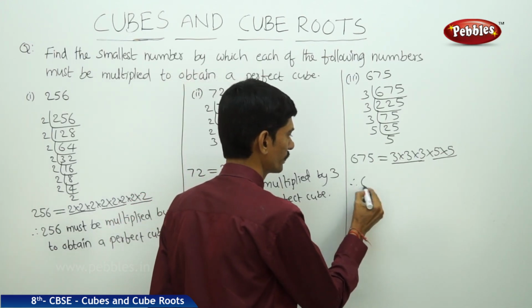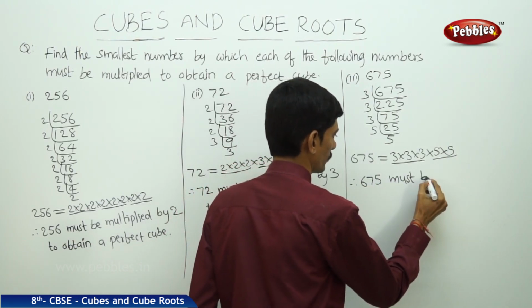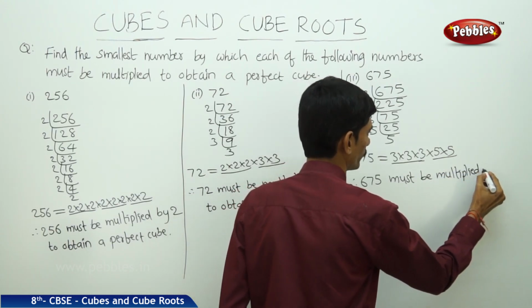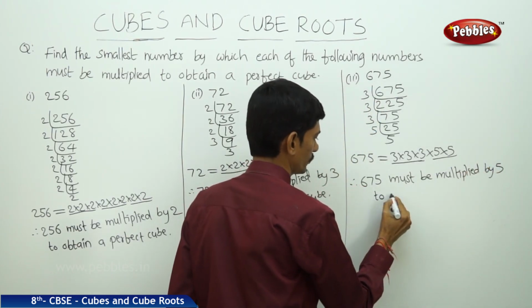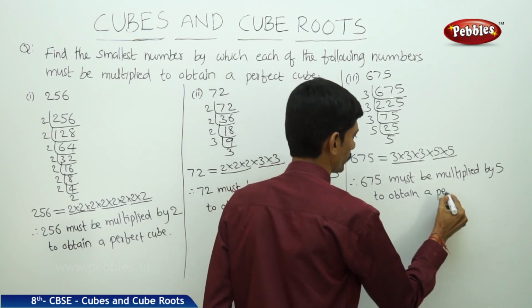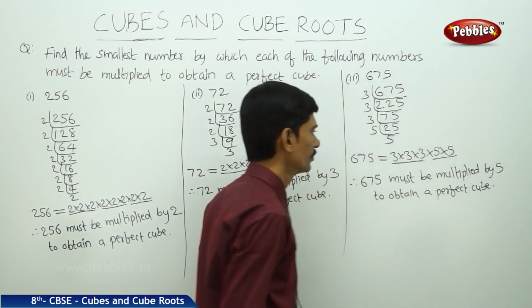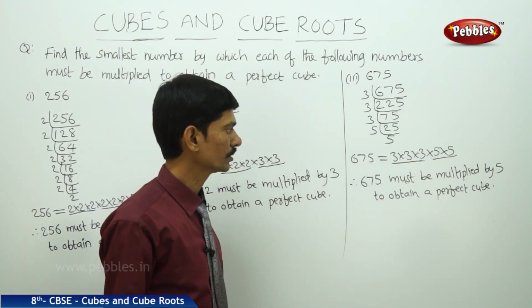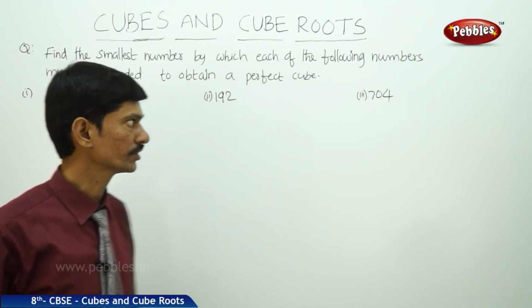Therefore, we can write that 675 must be multiplied by 5 to obtain a perfect cube. So when you multiply 675 by 5, then that product will be a perfect cube. Now you will solve the next question.